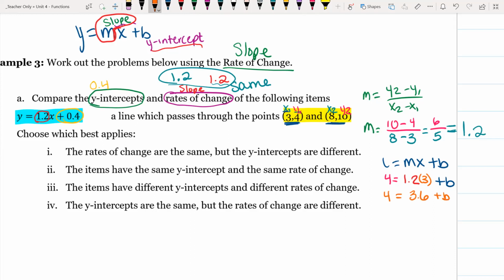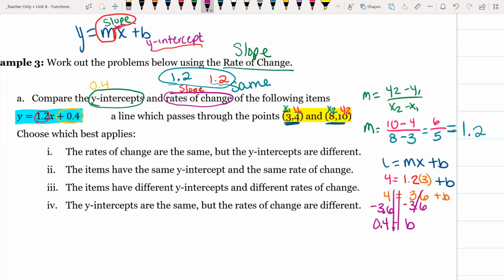It's like just solving an equation now, right? So in order to get b alone, you need to subtract 3.6 on both sides. Those cancel. I'm left with b. And 4 minus 3.6 is 0.4.